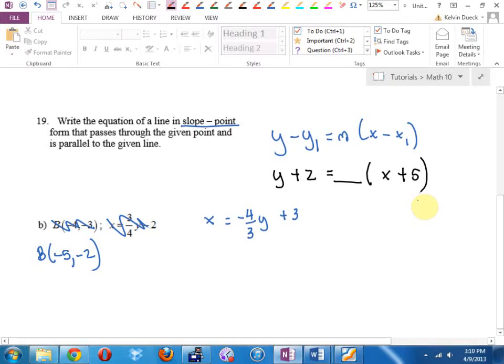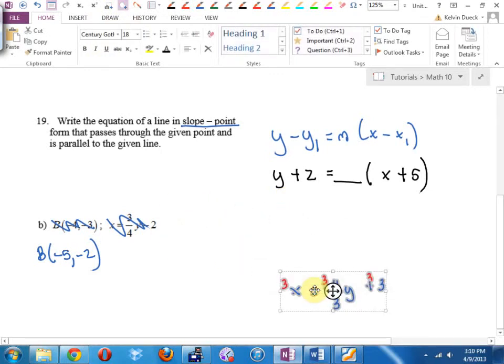Now, if they had said, instead of slope point form, general form, I'd ask myself 2 questions. Do I have a point? Yes, (-5, -2). Do I have a slope? I'll get the y by itself in this equation and find the slope. How will I get the y by itself? I think first I'll clear fractions. I'll just give myself some more room.